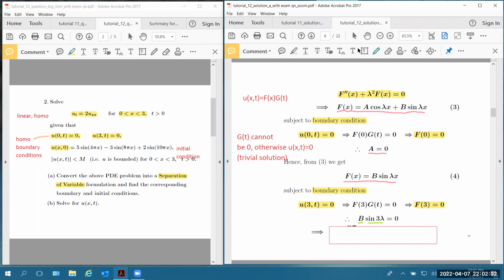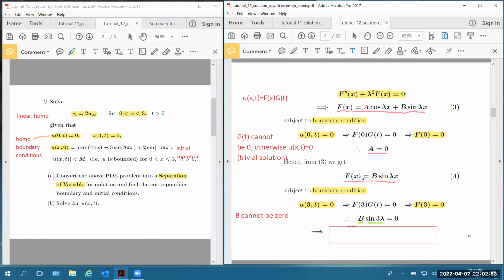Let me explain. You tell me sine 3 lambda to be 0, so why can b not be 0? If your b is 0, then you put into your equation 4, that means your F(x) is 0.